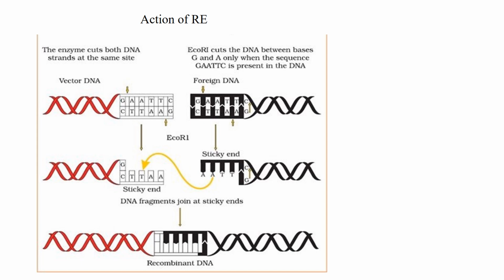You allowed your EcoR1 to cut the DNA, and after allowing EcoR1 you found a sticky end cut. Okay, and the sticky end DNA fragments join to form a recombinant DNA. This is the action of restriction endonuclease.